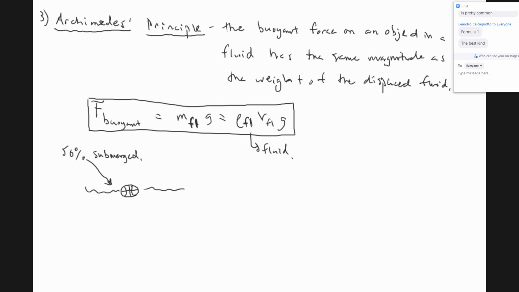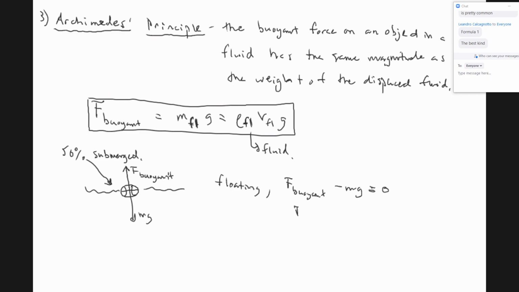So let's say this object is submerged. We know that there's a buoyant force pointing up. You know that the object has weight pointing down. So if something is floating, what we noticed is that the upward force minus the downward force is equal to 0, right?